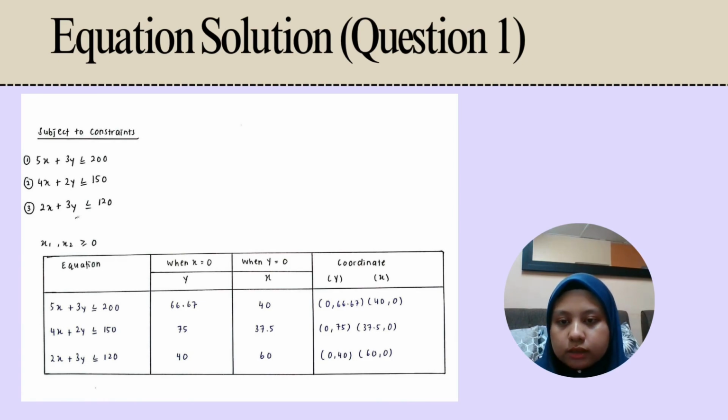Next constraint is 4x plus 2y less than or equal to 150. The coordinate for y will be 75 and the coordinate for x will be 37.5. The last one is 2x plus 3y less than or equal to 120. The coordinate for y will be 40 and the coordinate for x will be 60. All of these points help us plot the constraint lines and identify the feasible region in the graph given.